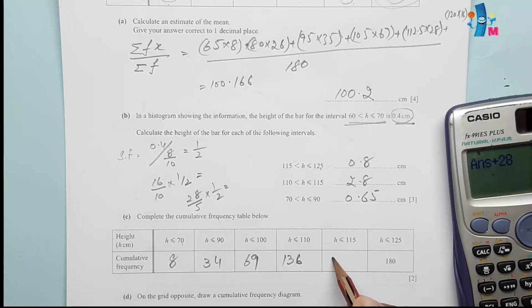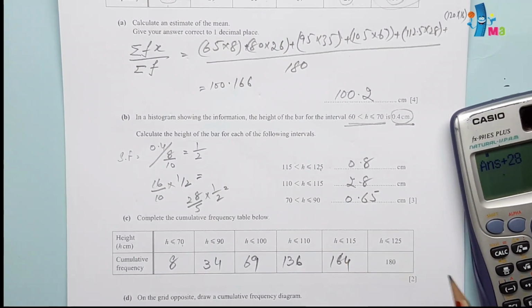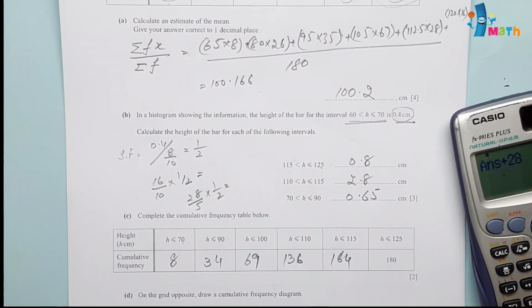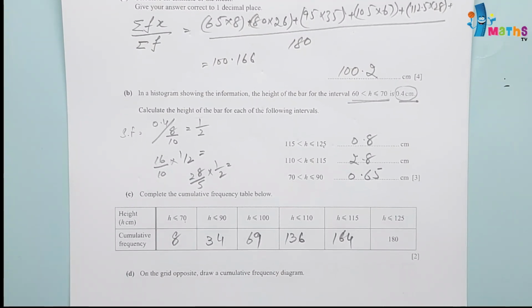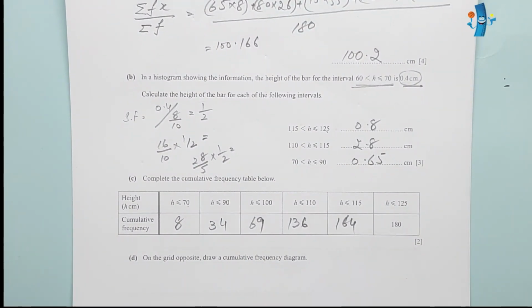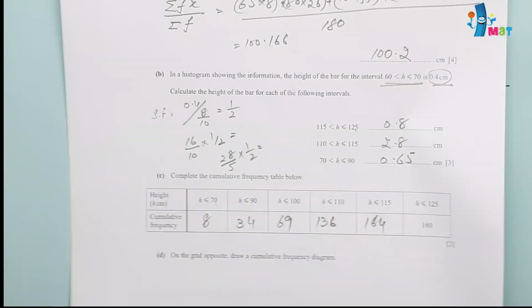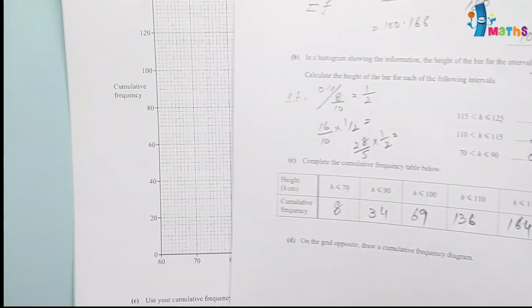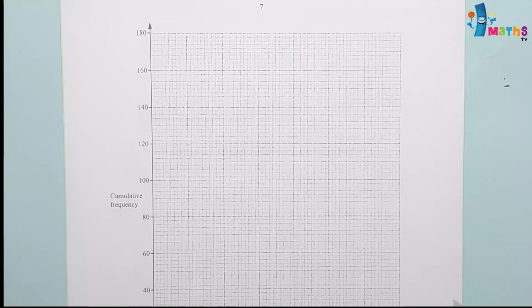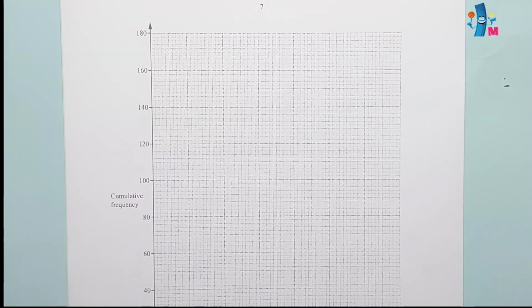So here we will write 164, and the last is already filled, 180. On the grid opposite, draw a cumulative frequency diagram. So a cumulative frequency diagram we have to plot on this given grid.